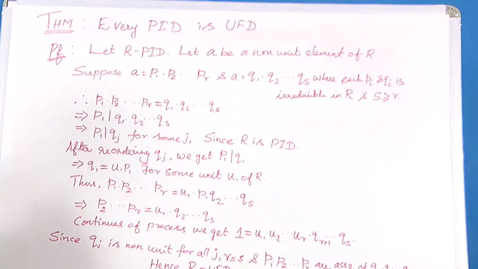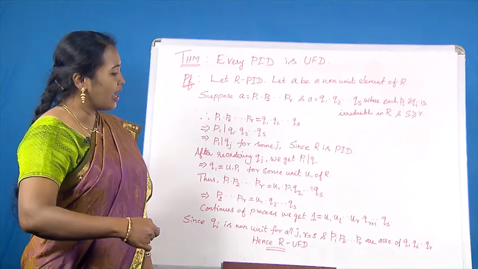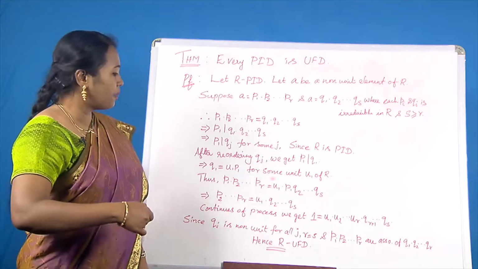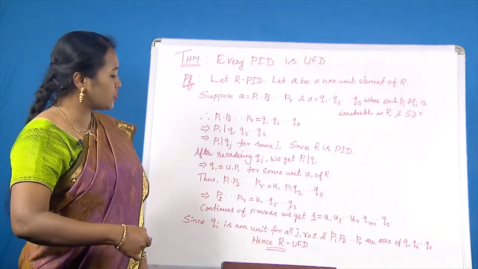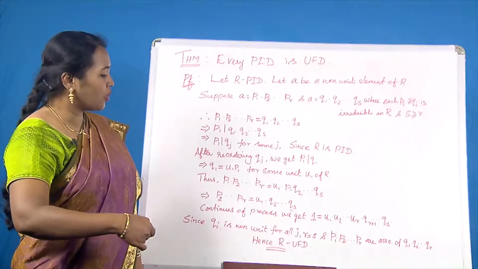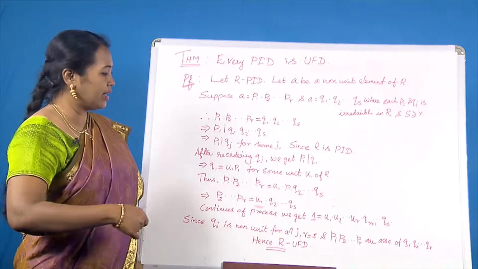P2 again will divide some Qj in this order of elements, and that Qj again you can reorder and put as Q2, and therefore, because P2 divides Q2, it can be written as some U2 times P2, and therefore, P1, P2, P3 so on up to PR can be written as U1 U2 so on up to Q3 so on up to Qs. And so, you are going to continue this process again and again.